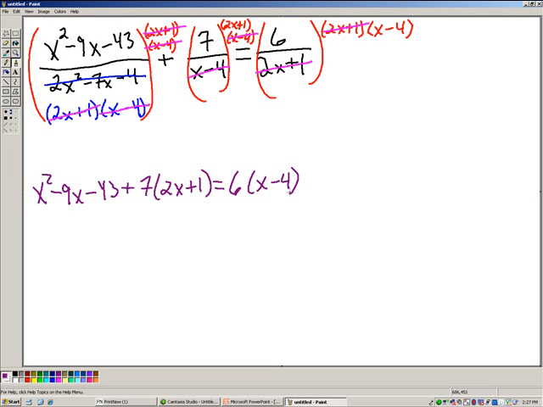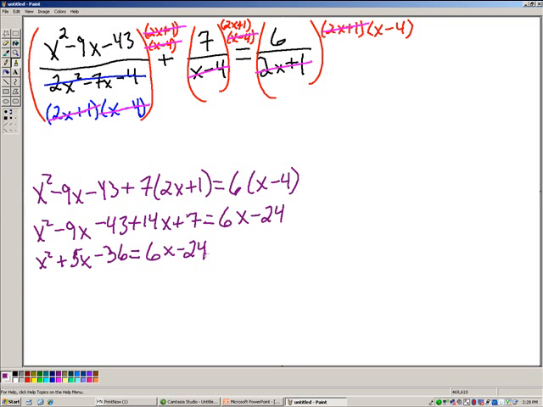So at this point, we combine, we distribute, we solve it in whatever manner that it needs to be solved. In this case, it's an x squared equation, so we're going to be factoring and setting it equal to 0. First, we distribute, combine like terms, set it equal to 0. Factor, set the factors equal to 0, and solve.